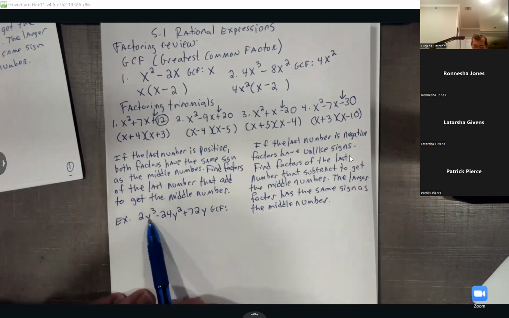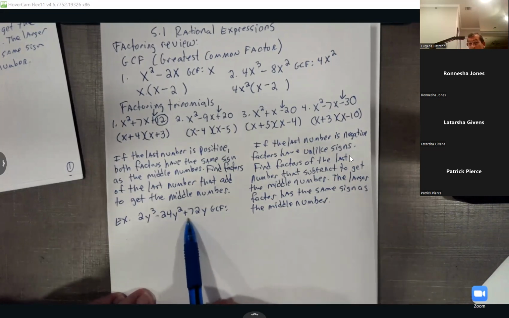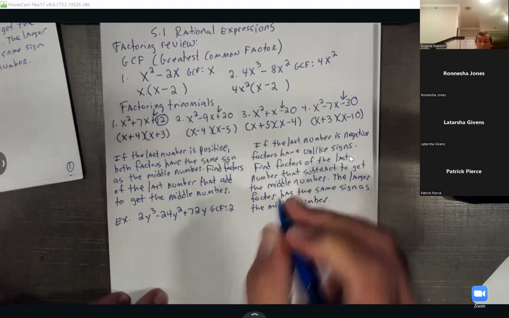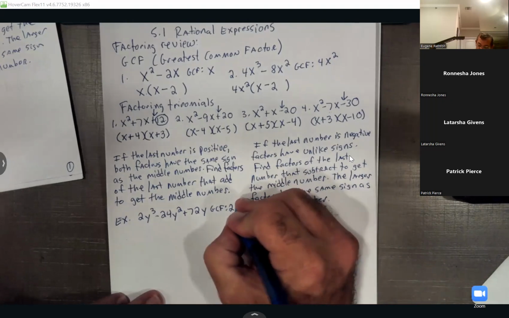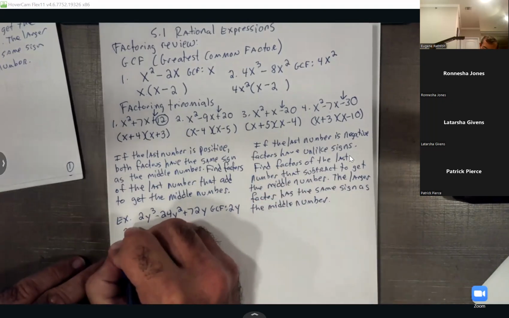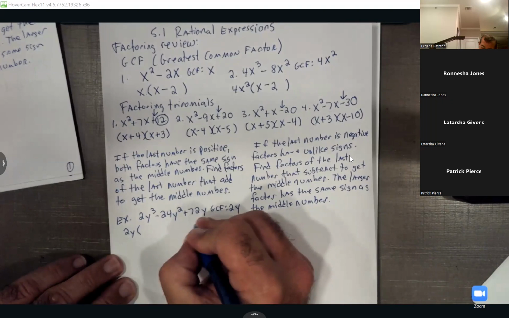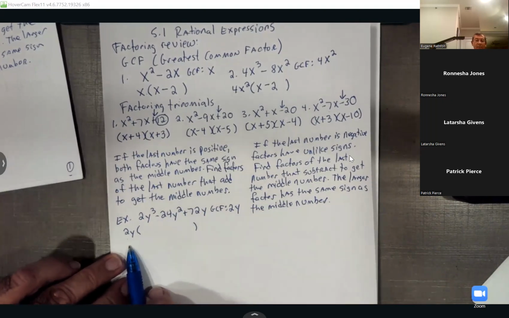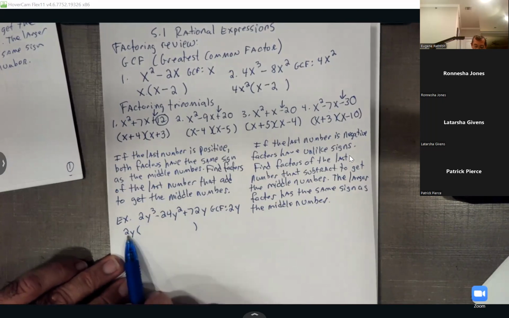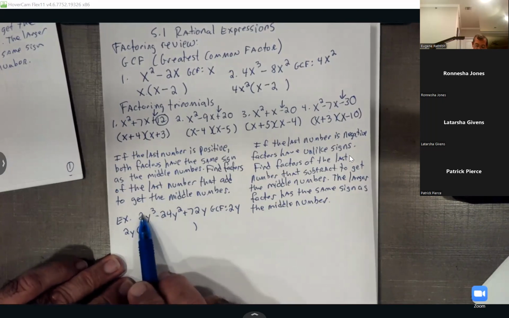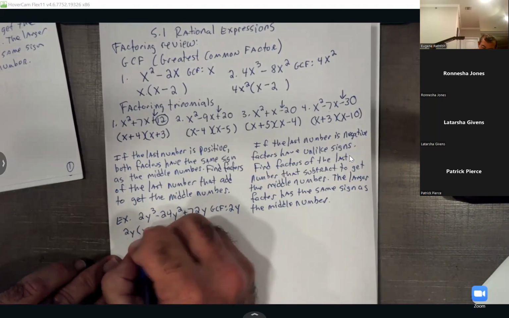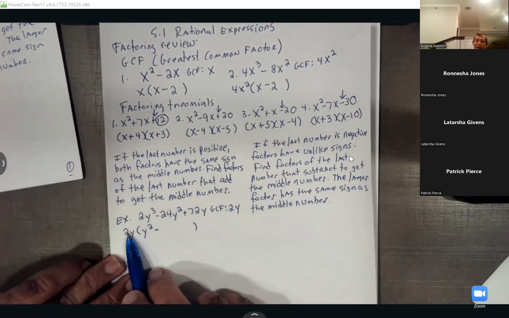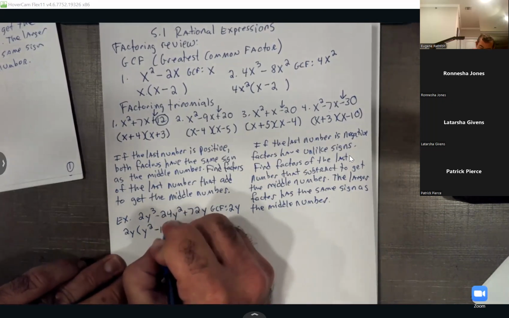So y'all, what do all 3 of these have in common? 2. 2y. So 2, and then they definitely all got a y. So what you would do, you would come down and factor out that 2y by dividing everybody by the 2y. So the 2y to the third divided by the 2y, well, them 2's are canceling, and that's going to leave me a y squared. 24 divided by 2 would be a 12.